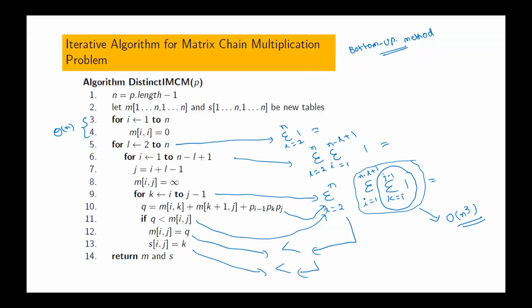So without even knowing anything about this, can we say that this algorithm runs in n cubed or not? This is one iterative, non-recursive algorithm. We know how to analyze non-recursive algorithms without knowing anything. If this algorithm is given, can we say that it is n cubed?